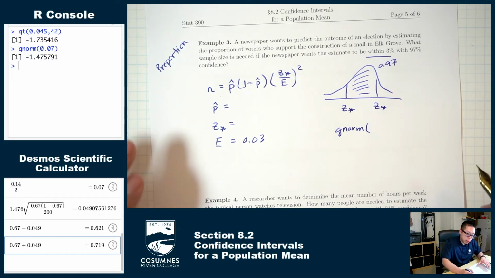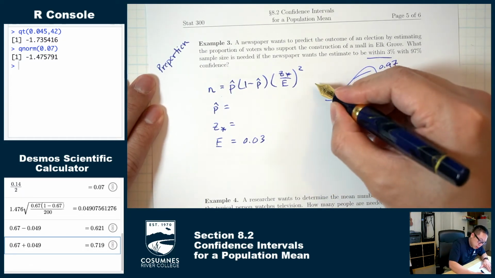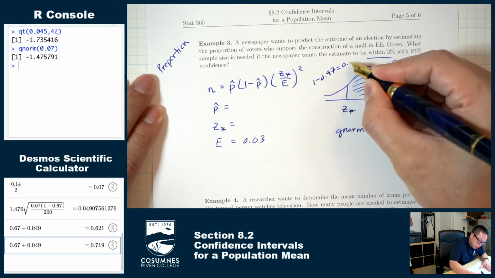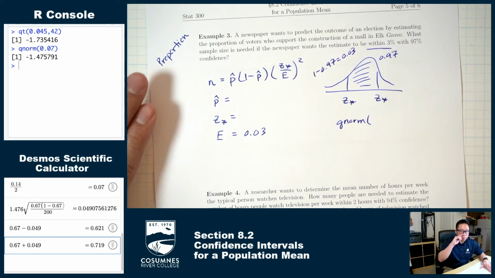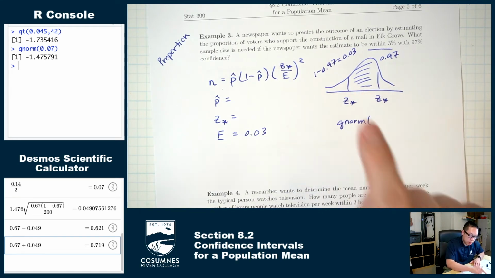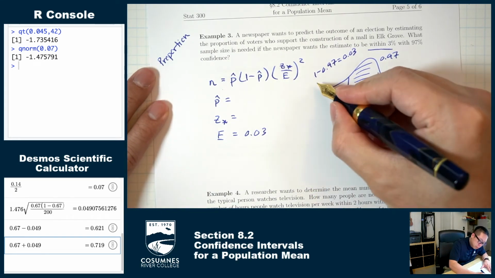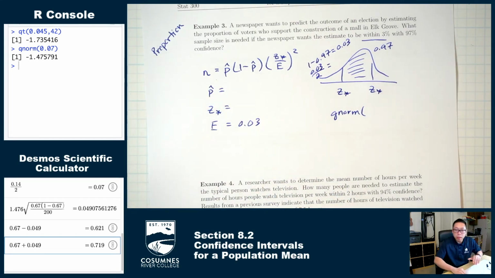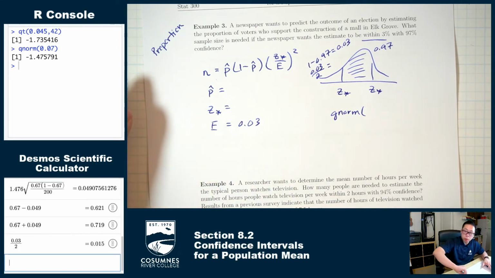To get the left area, I'm first going to do 1 minus 0.97, which is 0.03. That gives me the unshaded part, left and right together. If I just want the left side, divide by 2. 0.03 divided by 2 is 0.015.